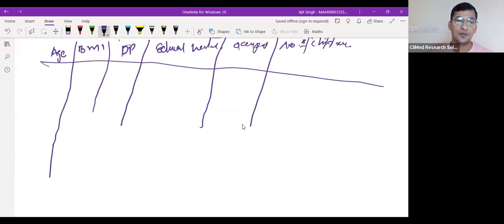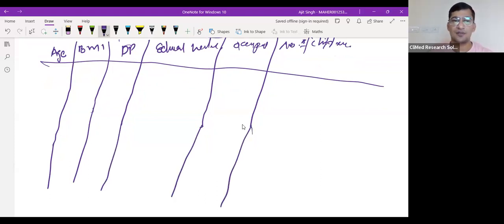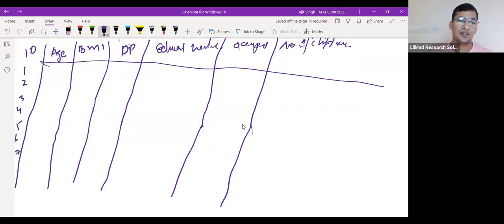I am collecting the data for, suppose, 10 people. Let's not take many, but this is the ID: 1, 2, 3, 4, 5, 6, 7. Let's take 8 only, not 10. The age of the first woman is in the late 30s, like 40 suppose. Second one is younger, 23. Someone is pregnant at the age of 18.